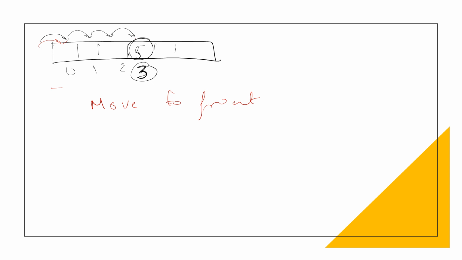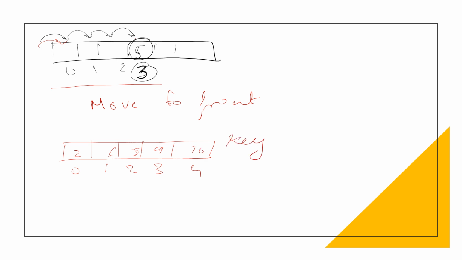So it's going to take multiple steps. Whereas what move to front does is, say you have an array with indices 0 1 2 3 4 and values 2 6 8 9 10, and let's say your key value is equal to 8, so it's over here on the second position.